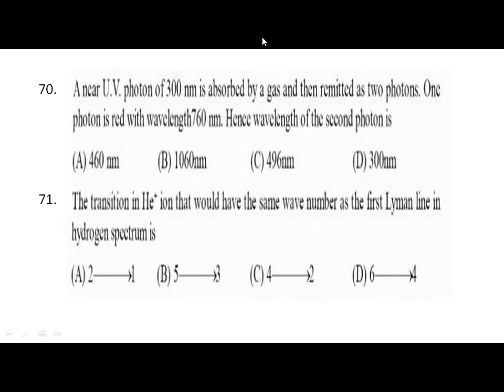So how do we do it? They have said there is a UV photon of 300 nanometer. It is absorbed by the gas and then re-emitted as 2 photons.